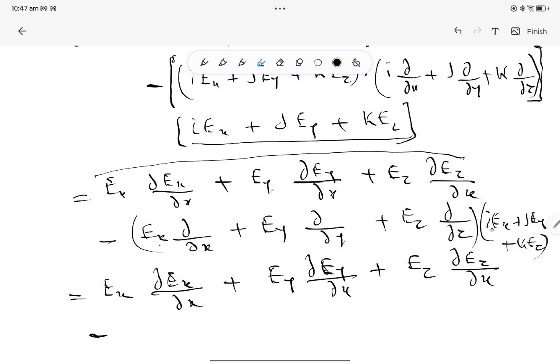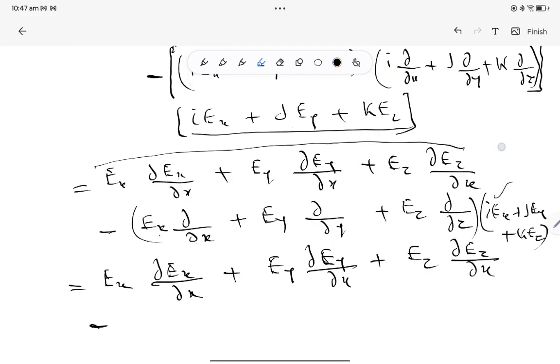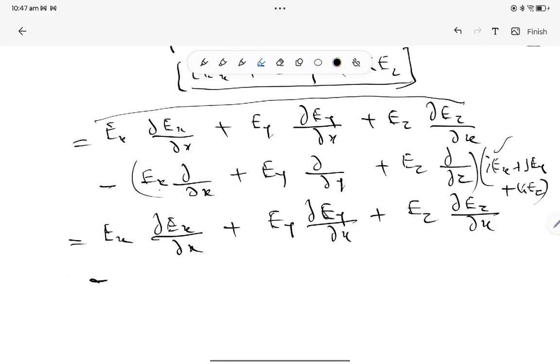Now ex del by del x will operate on these three. When it operates on this first term, I will underline this and that. When this ex del by del x operates on this, you get a term that has i, directed in the x direction, and it has this ex del ex by del x.